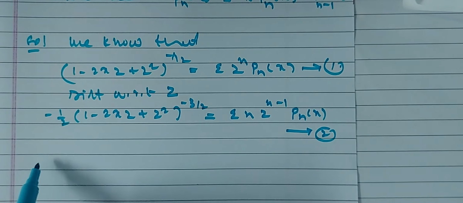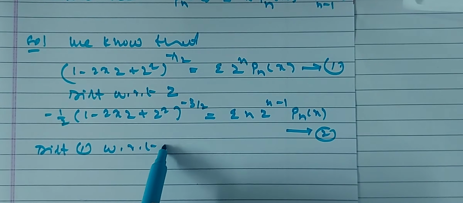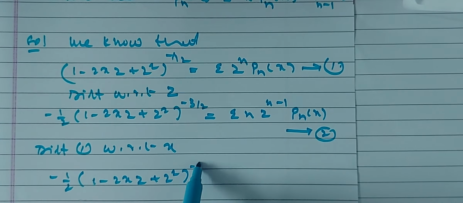Differentiate 1 with respect to x. Minus 1 by 2 into (1 minus 2xz plus z square) to the power of minus 3 by 2 into minus 2z is equal to sigma z power n into Pn of x, differentiated with respect to x.